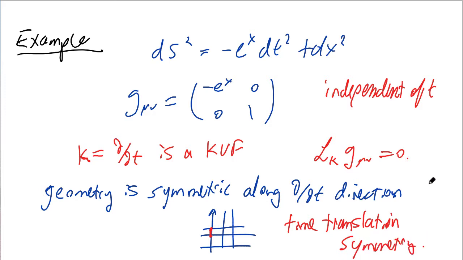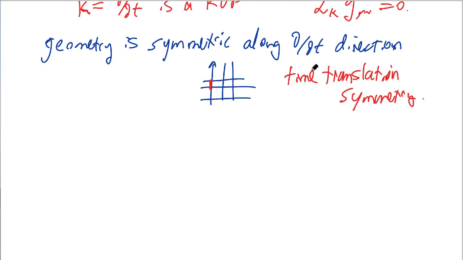All right, so now the question is, what if we were presented this metric or this geometry but in a different set of coordinates? So let's change coordinates from t and x to, let t be t bar and x be t bar times x bar. So our new coordinates are t bar and x bar.